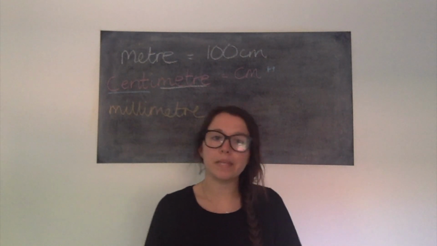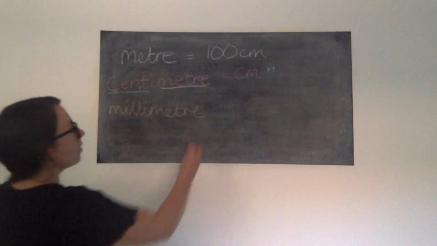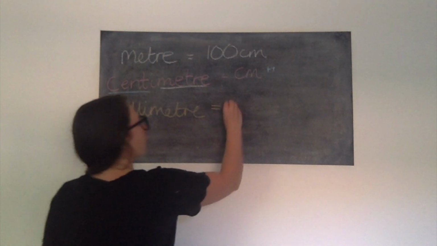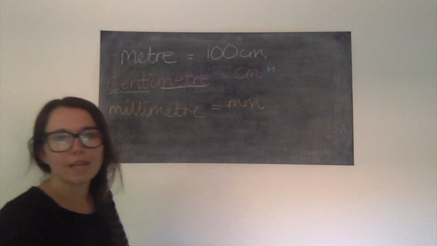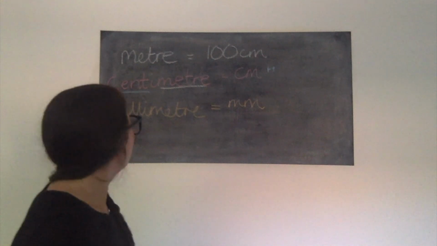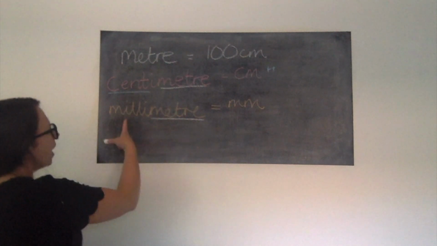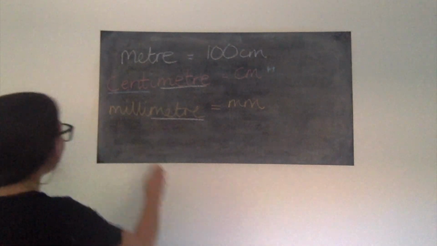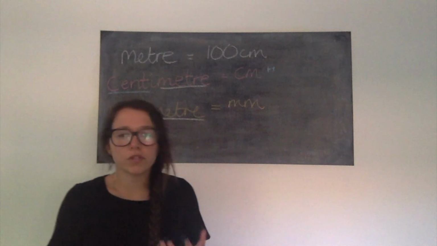Next one is millimetres. So again, in the word millimetre, that's the whole word, or we can abbreviate it to mm. So that's a unit of measure for distance and it's millimetres. We can see that root word again, metre, and this time our prefix is milli. Now that means thousandths, okay?